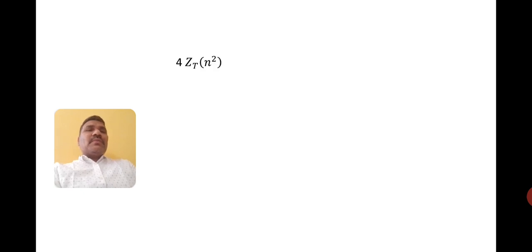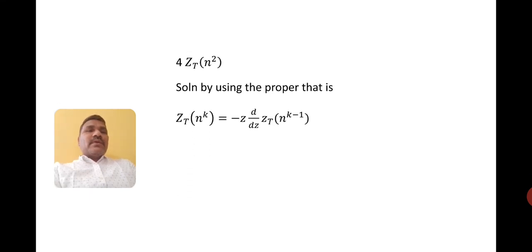Now the z transform of n square. Once again, we use the same property: the z transform of n to the power k is equal to minus z d by dz of the z transform of n to the power k minus 1. Now I am taking the k value as 2.